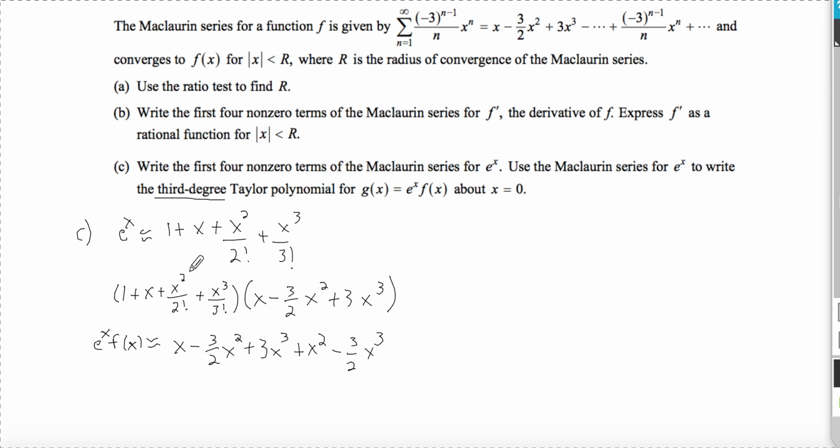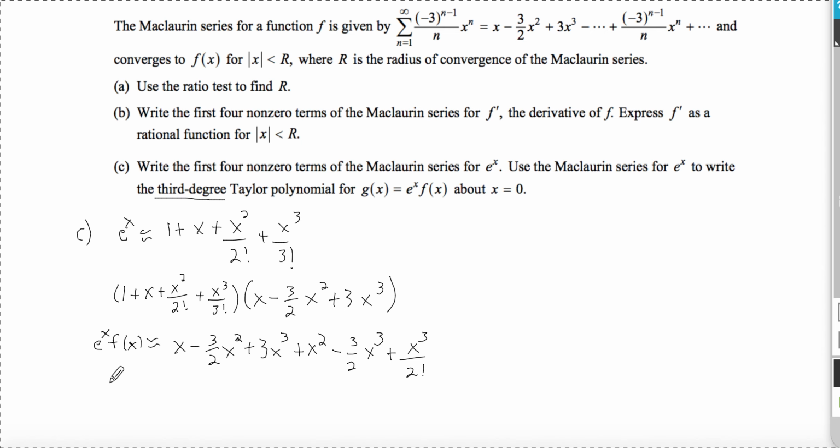Now let me look at my next term, x squared over 2 factorial. x squared over 2 factorial times x will give me x cubed over 2 factorial. x squared over 2 factorial can't multiply these other two, because that'll give me powers of 4 and 5, which is more than third degree. And x cubed over 3 factorial actually can't multiply anything and still be at third degree, because it'll be at the 4th degree, 5th, 6th, and so on. So this is where I want to stop. I just need to consolidate things and write out what I got.